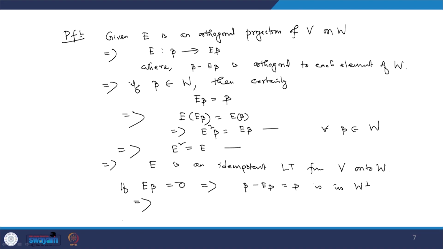So, E beta equal to 0 implies beta belongs to the null space of E. So, this implies any element of the null space of E is also an element of W complement.